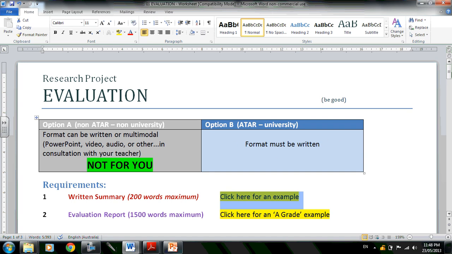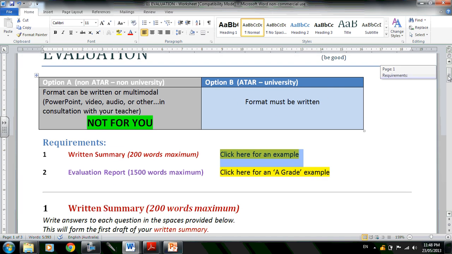So our format has to be written, and when this is done online, it's already online, but when you see it there, it will be a hyperlink straight to an example of written summary, and here will be a hyperlink of an example straight from an evaluation report, so you can understand what I'm saying.